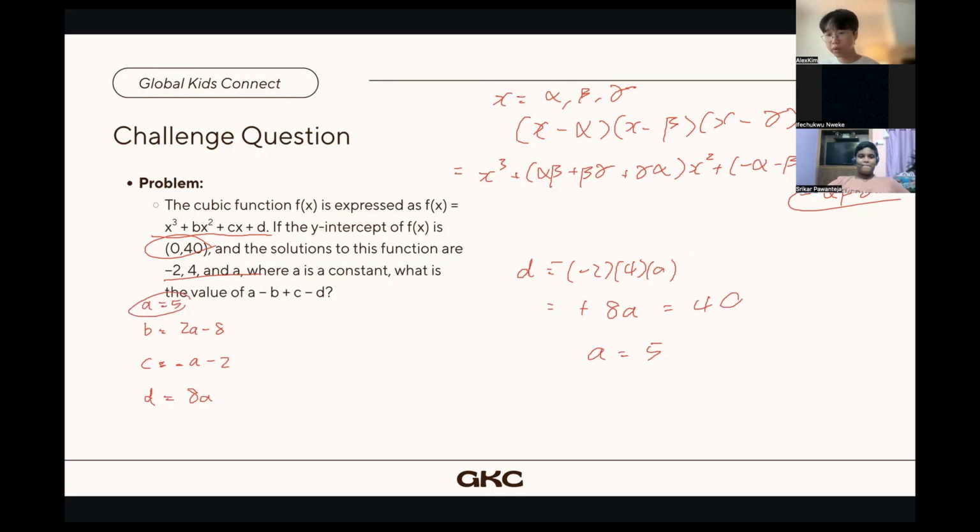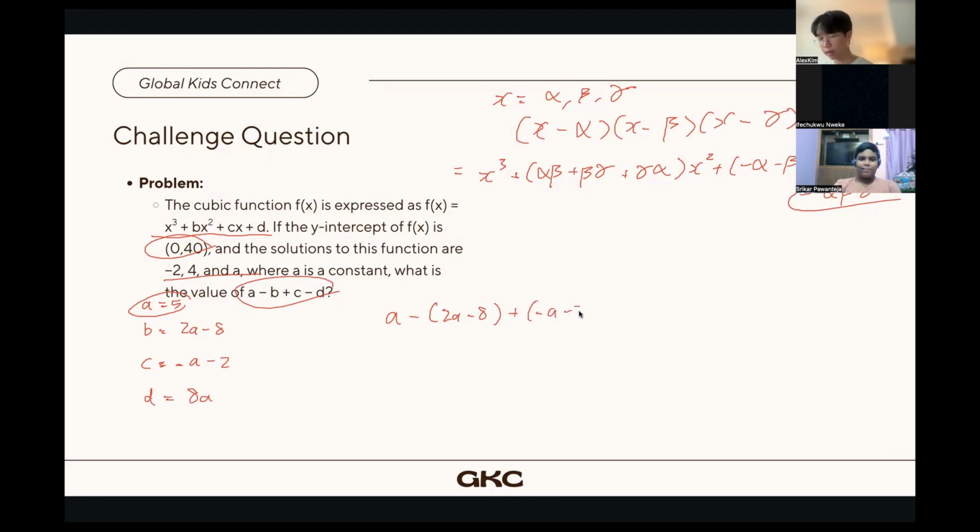And so this a equals 5 we'll use a bit later. We won't use it right away. Knowing all this information that we know now, we can actually solve for our final value that we have to find, a minus b plus c minus d. If we're to do that, then we'll keep a as it is. We'll change b into -2a minus 8. We'll add c so as to get -a, -2.